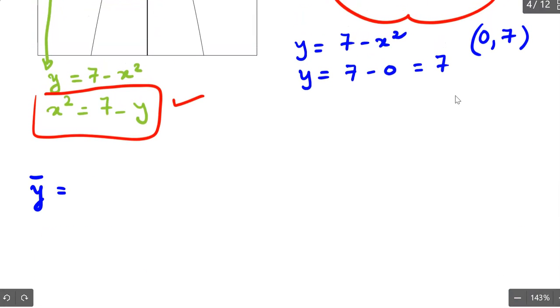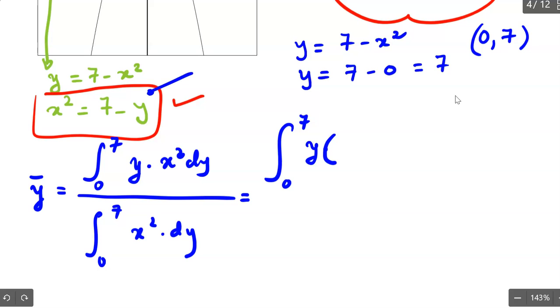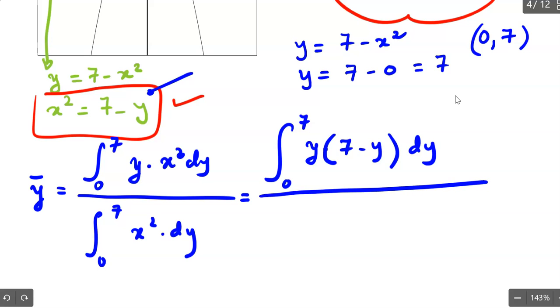y bar equal to the integral from 0 to 7 of y times x squared dy, divided by the integral from 0 to 7 of x squared dy. So I'm going to write it as y times x squared, which is y times 7 minus y, dy. If you do all of these steps, you see that the integrand and the differential factors match, right?